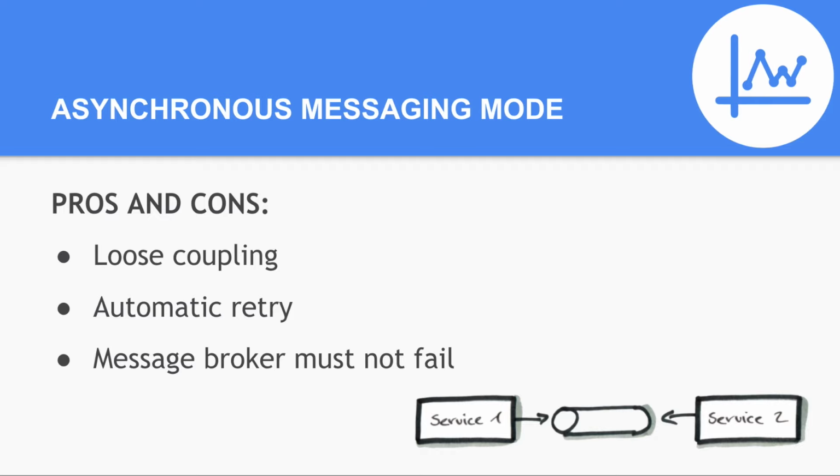The second advantage of this mode is that it provides automatic retry. Depending on the message broker, we get a retry mechanism for free. If the second service is not currently available, the message broker will try to deliver the message again until the second service finally gets it.